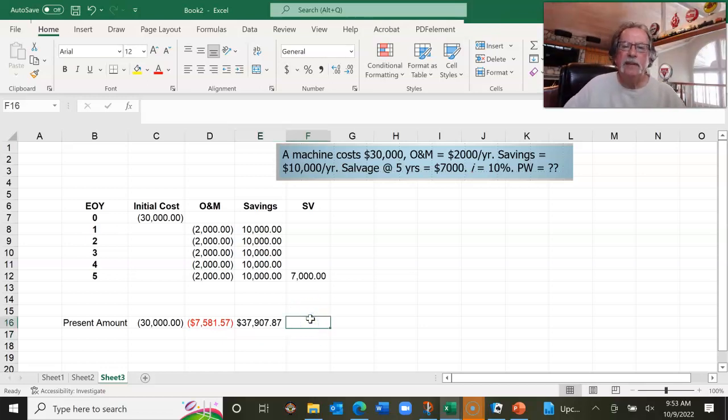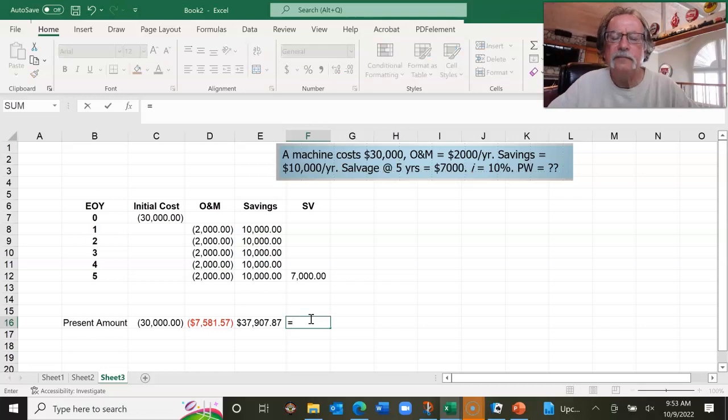Now, the salvage value is going to be worth, and again, we're going to flip the sign here. The rate is 10%. Number of periods is 5. The payment is going to be 0 for the salvage value.